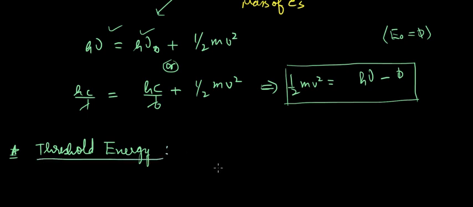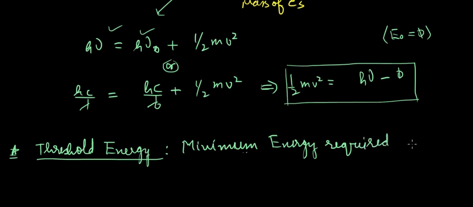Threshold energy is the minimum energy required for the ejection of electrons from the metal surface.